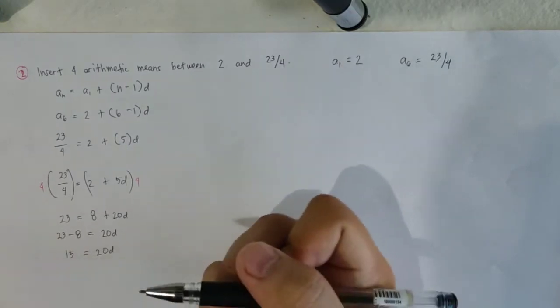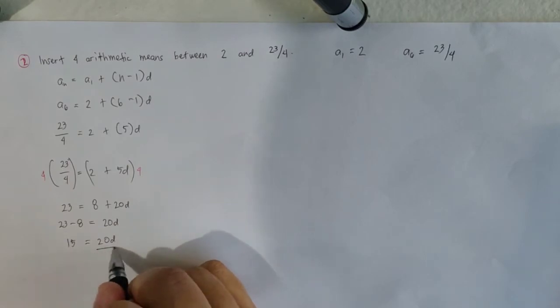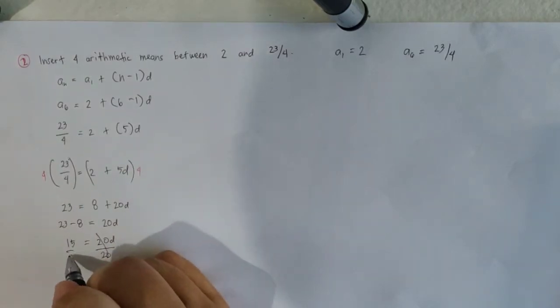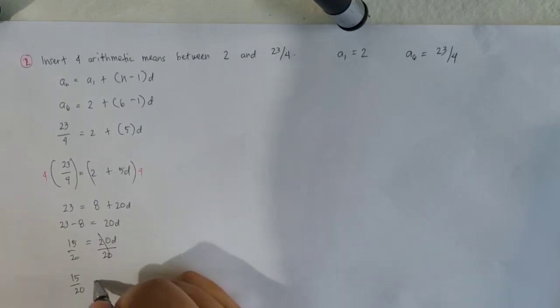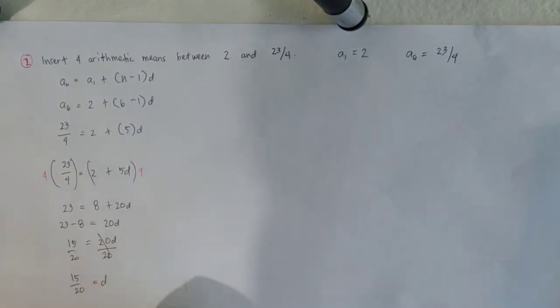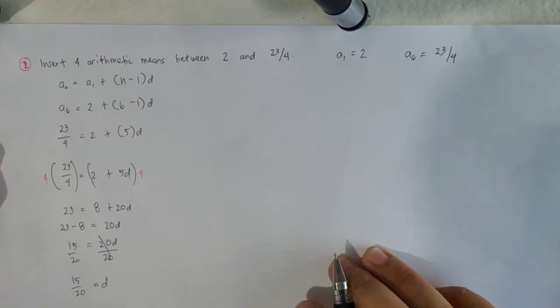Okay, divide natin both sides by 20 para makuha yung value ng d. Cancel. So, 15 over 20 equals d. Lowest term na rin to. So, d is equal to 3/4.